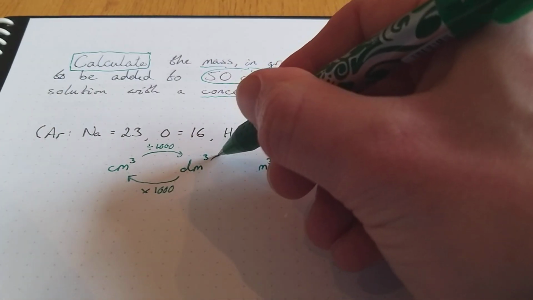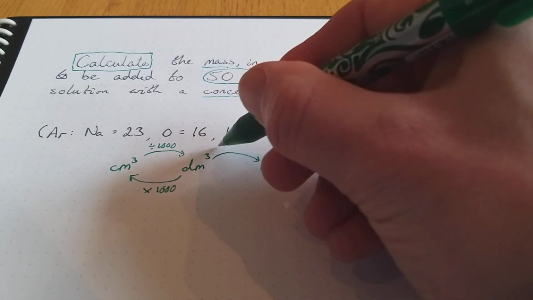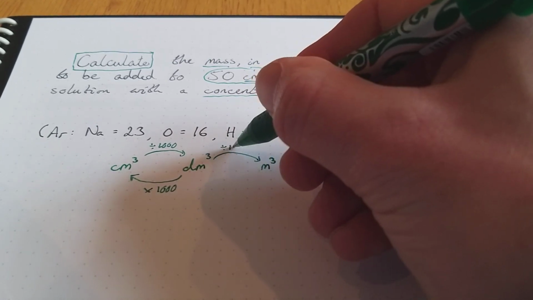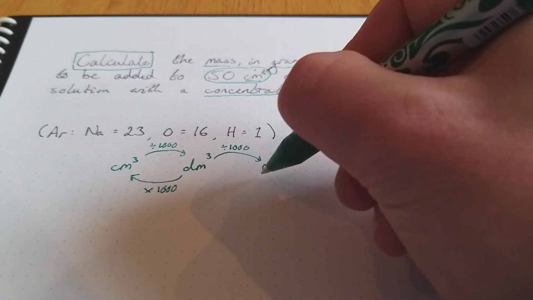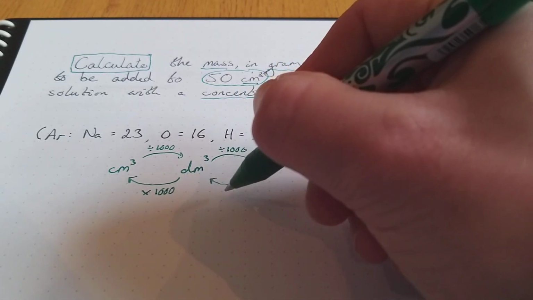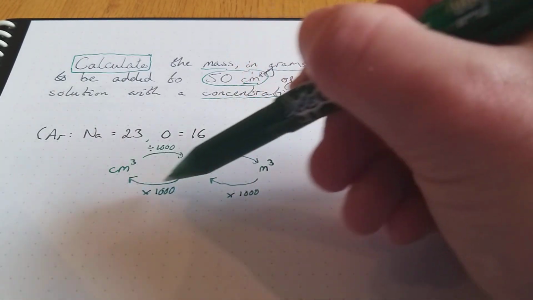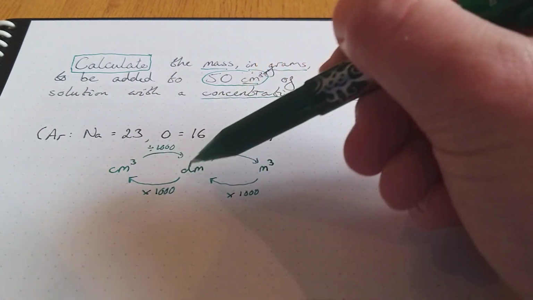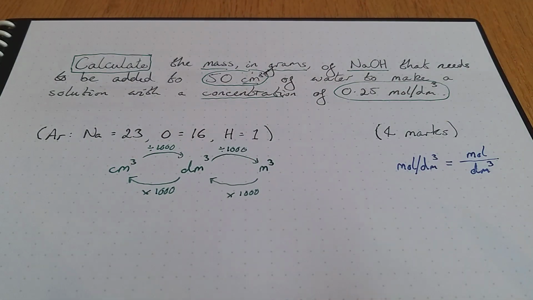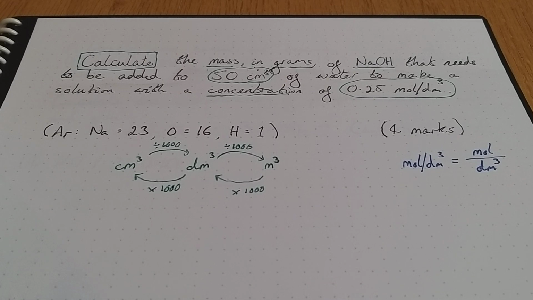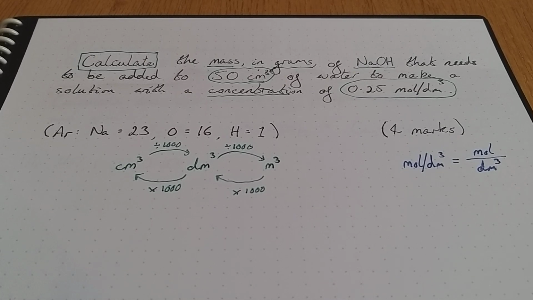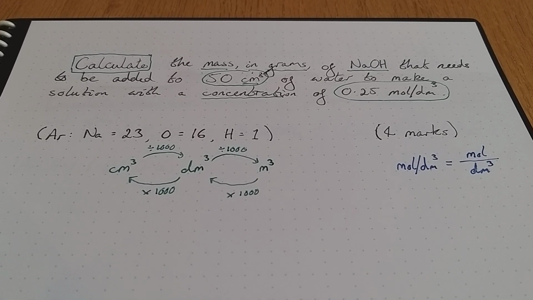And so again, that's a factor of 1000. So in order to convert decimeters cubed into meters cubed, you divide by 1000. The other way, you would times by 1000. But we're just going to need this conversion on the left-hand side, centimetres cubed to decimeters cubed. So let's deal with that cheeky little conversion to start off with.